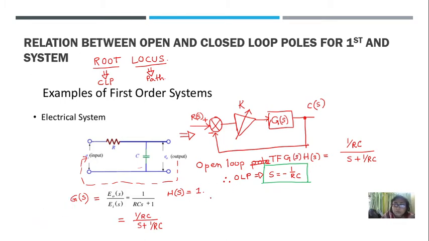So what is the closed loop transfer function? It will be G(s) by 1 plus G(s)H(s). Here there is a K. So K into G(s) by 1 plus G(s) into H(s).